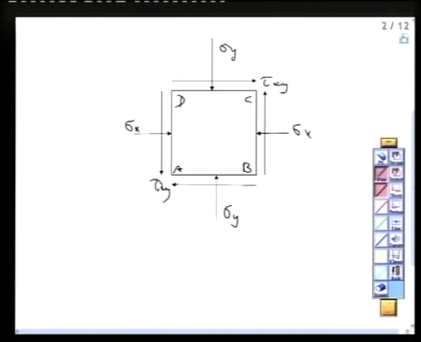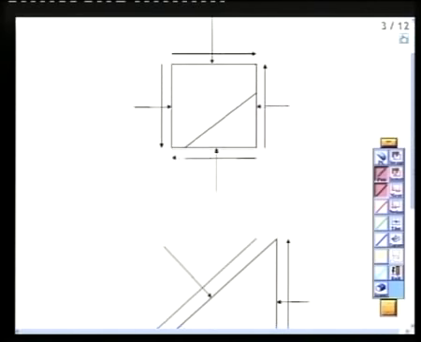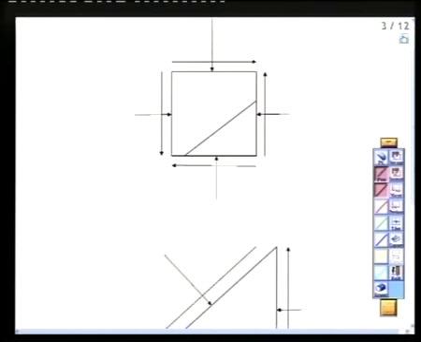Now, if I am trying to find the stresses on an inclined plane, that plane is EF. Again, this is A, B, C, D, and this is EF, which is inclined by the angle theta. We take a free body diagram, as you see here.